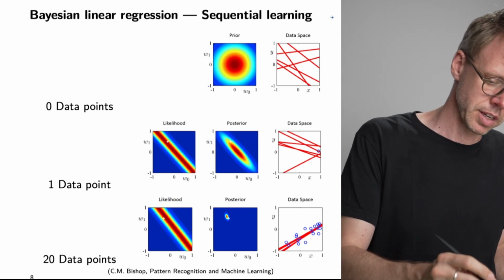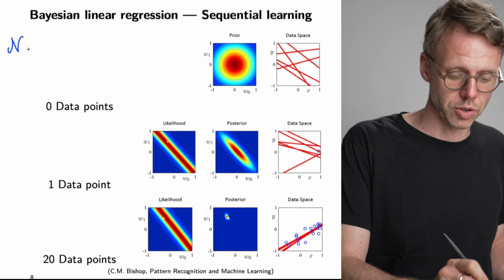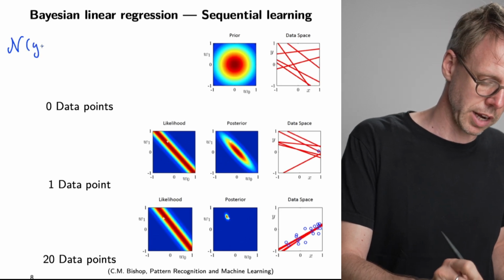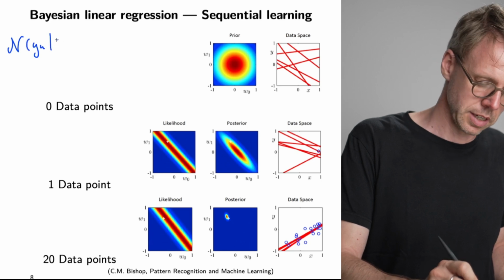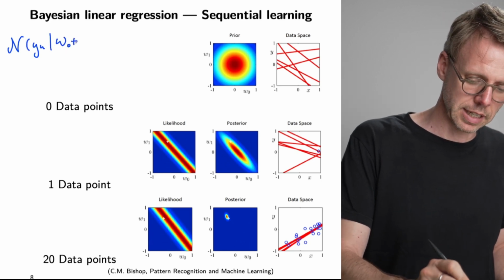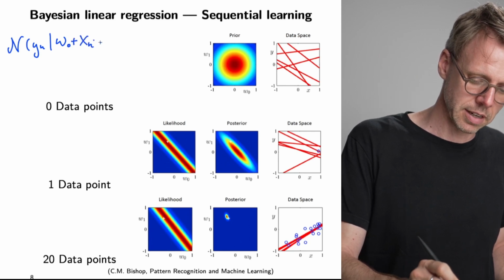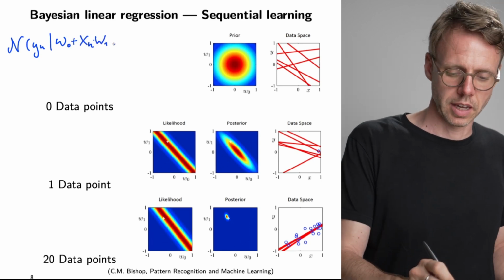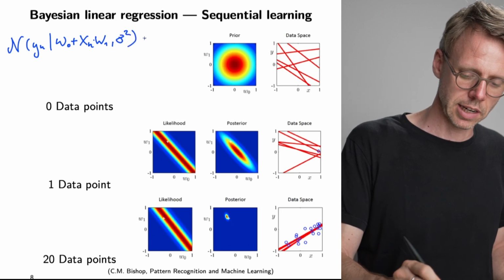So we have a likelihood for each training data point yn with mean equal to W0, the bias, plus our input value xn times W1. And we have a variance sigma squared, that's our likelihood.